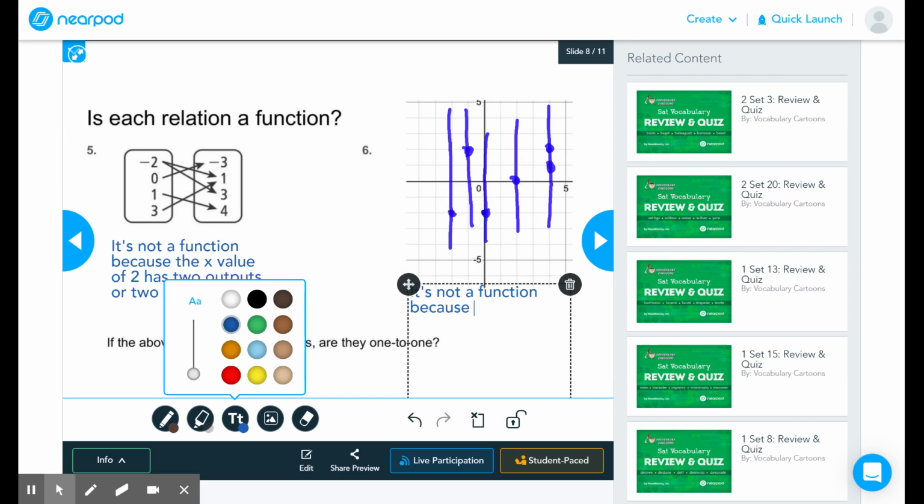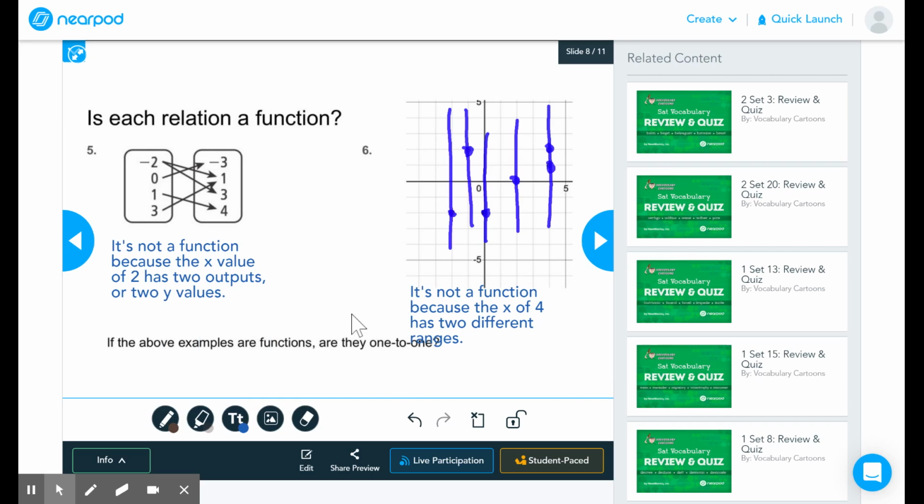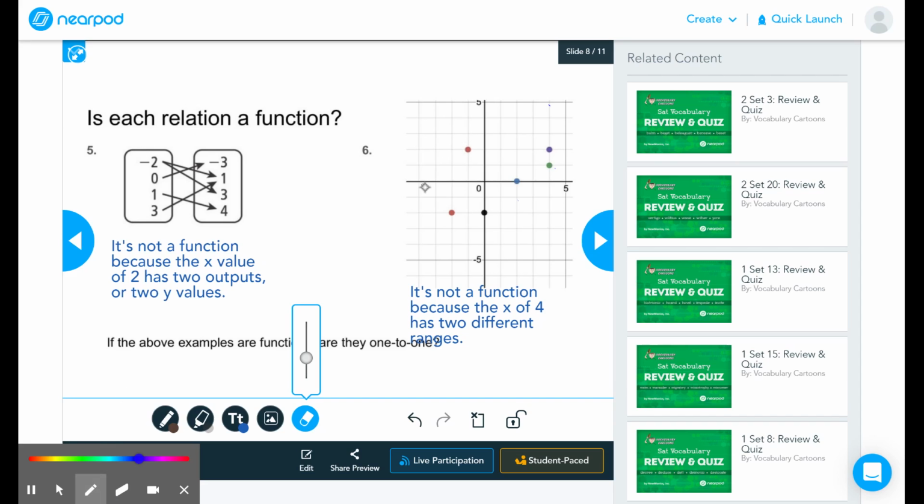And that's actually the x of 5. I'm sorry, of 4 has two different ranges. And honestly, if you want to pull out the ordered pairs and make a mapping diagram, just like we did before, that would be totally acceptable. Like this is ordered pair negative 2, negative 2.